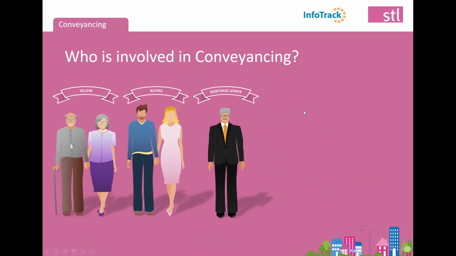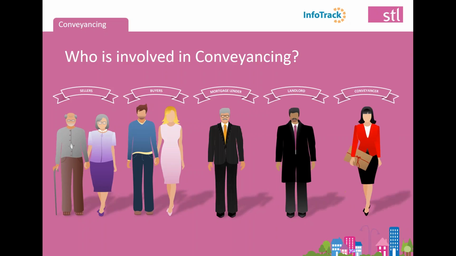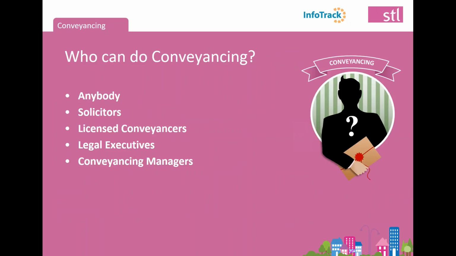Then the mortgage lender, which is the mortgagee, the landlord, and the conveyancer. So they're the people that are involved, and we're going to be looking at all of their roles in the conveyancing process in a bit more detail.